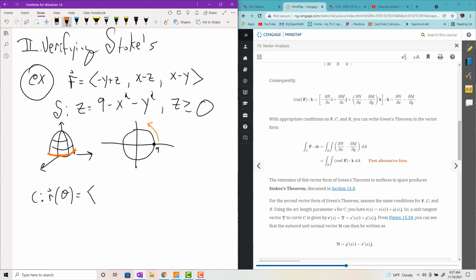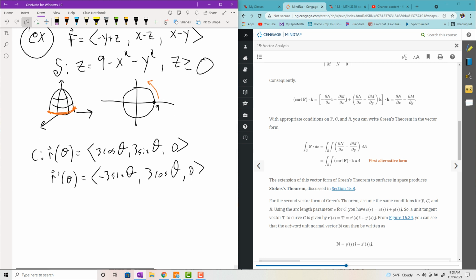So I'm going to be careful that I get it in the right direction. I'm going to use just 3 cosine theta, 3 sine theta, and then 0. Okay, so for my integral, I need the derivative of that, of course. So that would be negative 3 sine theta, comma 3 cosine theta, comma 0. And then I can do this line integral.